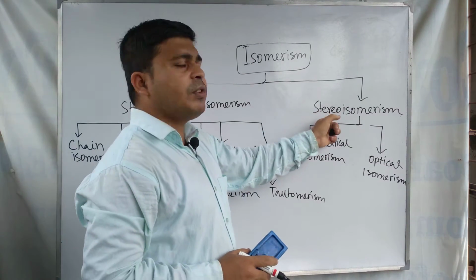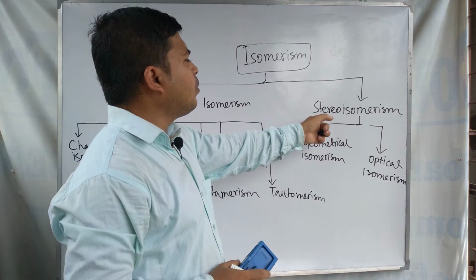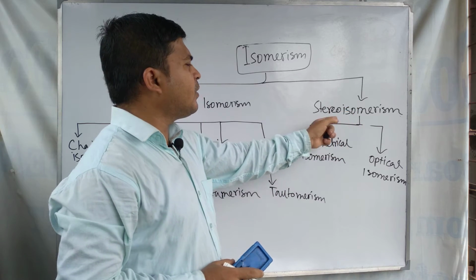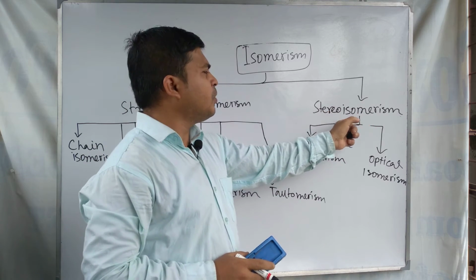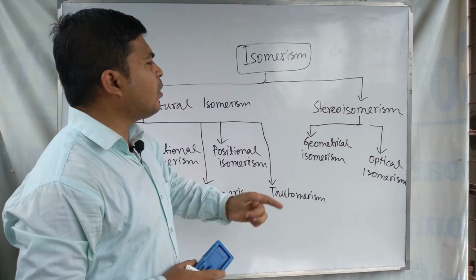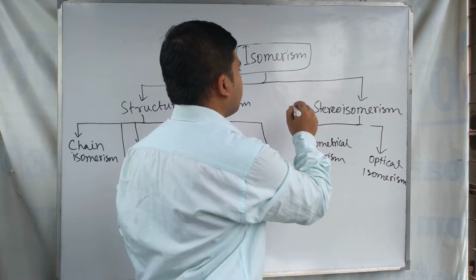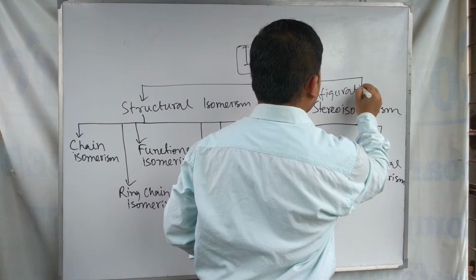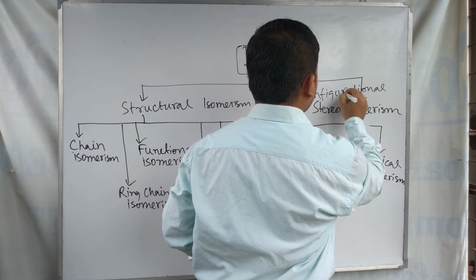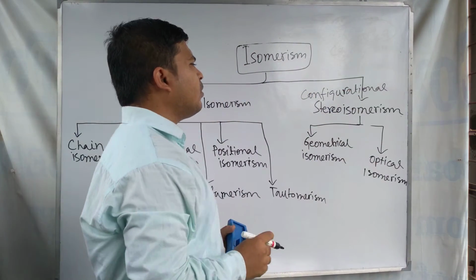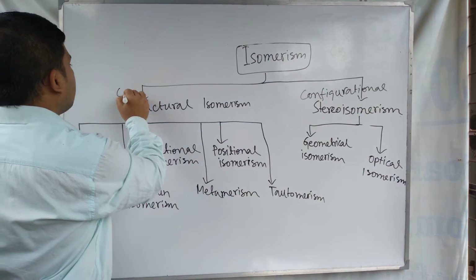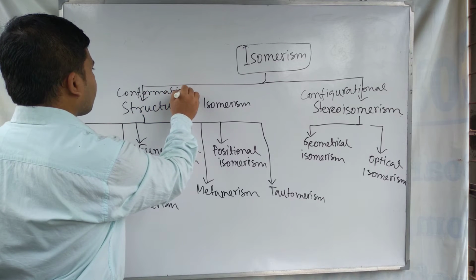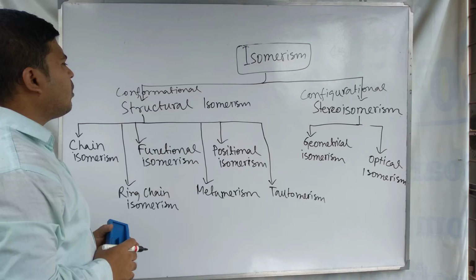Stereoisomers are also called spatial isomers, because these isomers are developed due to the orientation of the atoms or groups of atoms in space. So therefore these are called configurational isomerism and conformational isomerism.